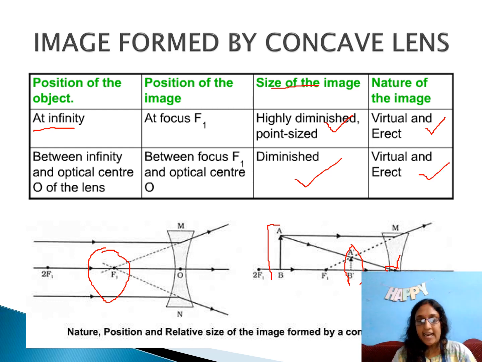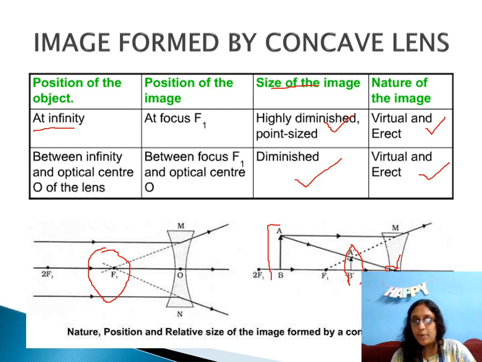So the second case is when you keep the object between the optical center of the lens and infinity. This is your optical center, this is your infinity, and I've kept the object somewhere in between. Where will you get the image?